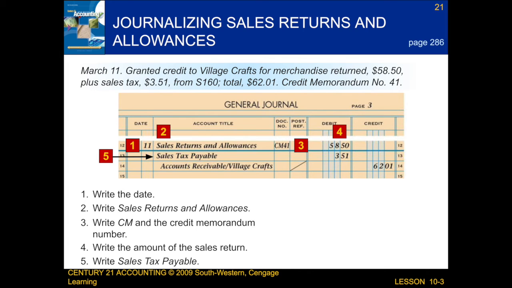After that, we write sales tax payable in the account title column. Next, we write the sales tax amount, which is $3.51, in the debit column. Following that, we write the accounts to be credited, which are accounts receivable and Village Crafts, in the account title column.